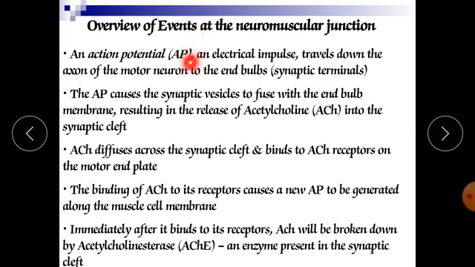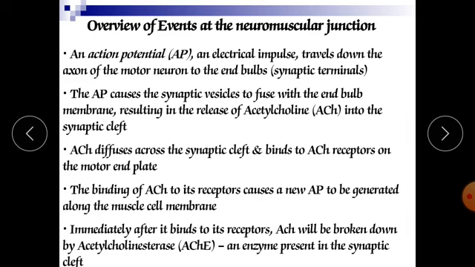It may be calcium, sodium, potassium, chloride, like that. So an electrical impulse is generated and transferred by the process of action potential, and it travels down the axon of the motor neuron to the end bulbs. It means they are transporting those impulses from the axon toward the end bulb of your neuron.